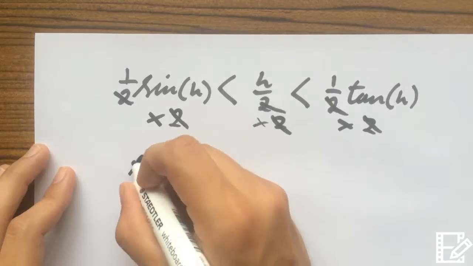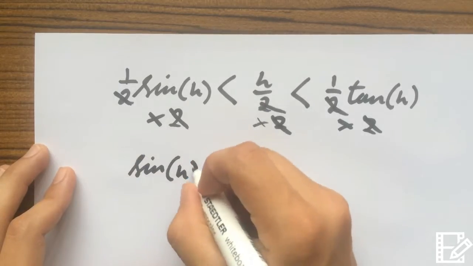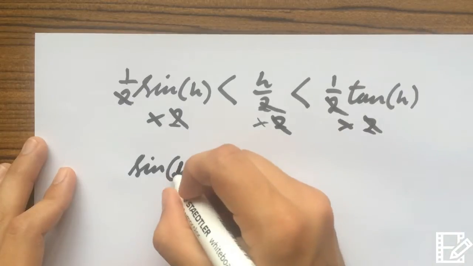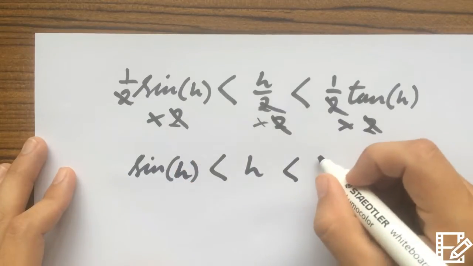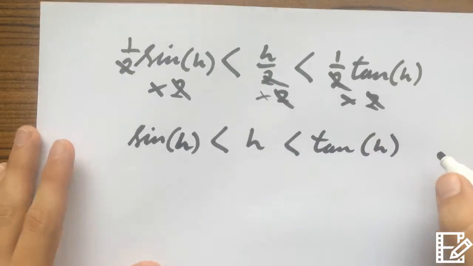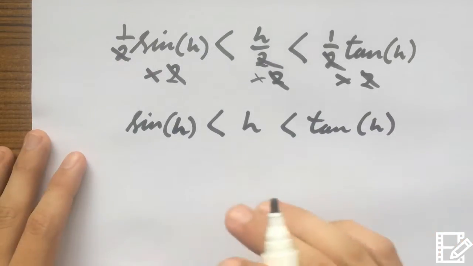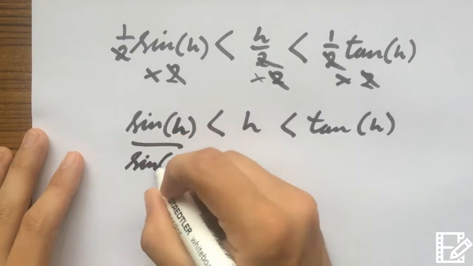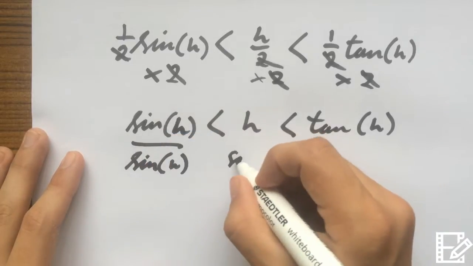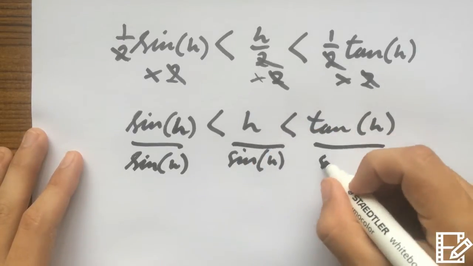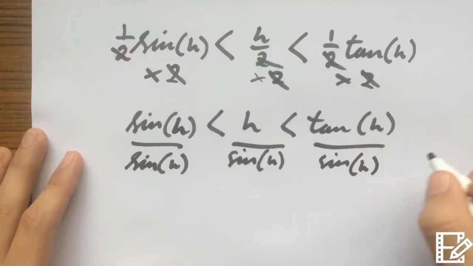And what we're left with is sine h smaller than h, which is smaller than tan of h. Now what I'm going to do here is divide it all by sine h.